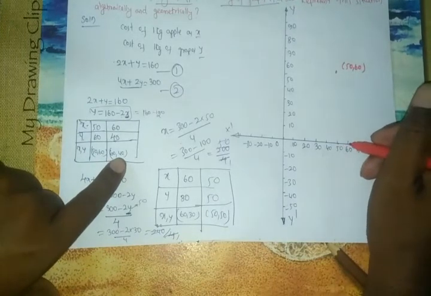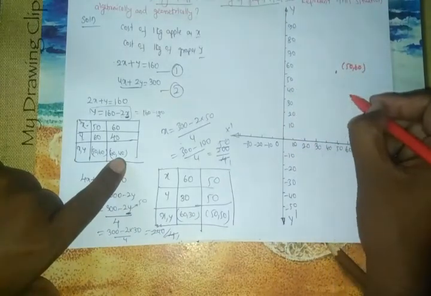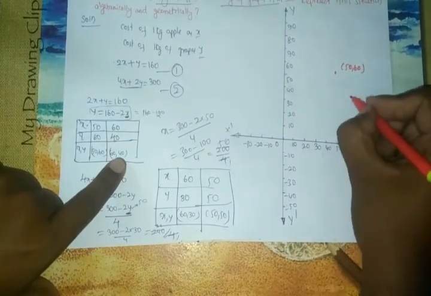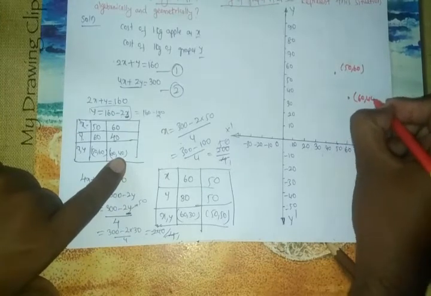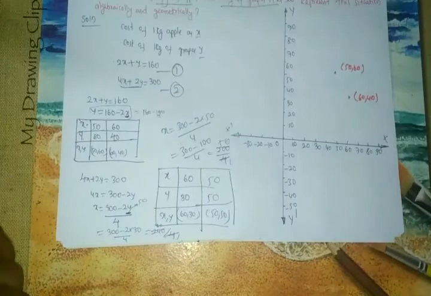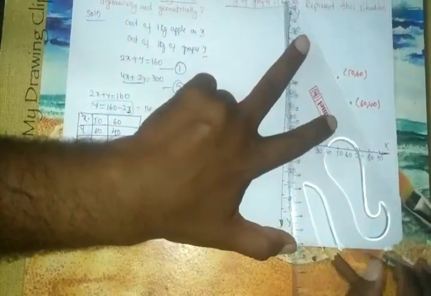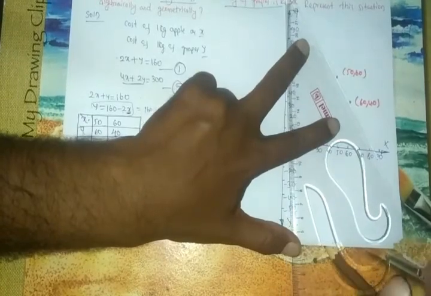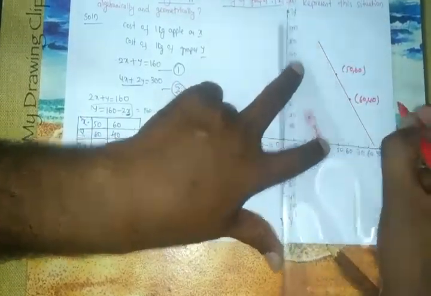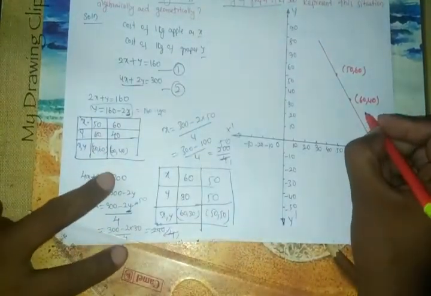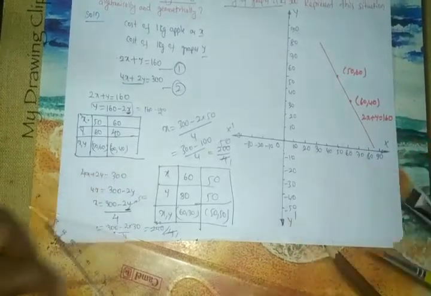When x is 60, y is 40. Somewhere here, this is 60 comma 40. Join these two points. Joining these two points, we'll get a straight line. This line represents the equation 2x plus y equals 160.